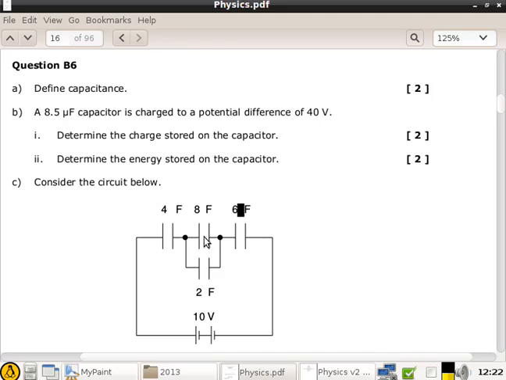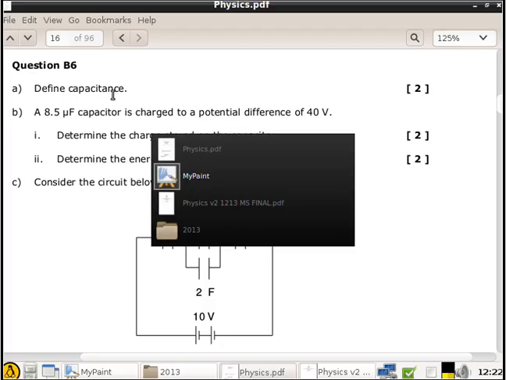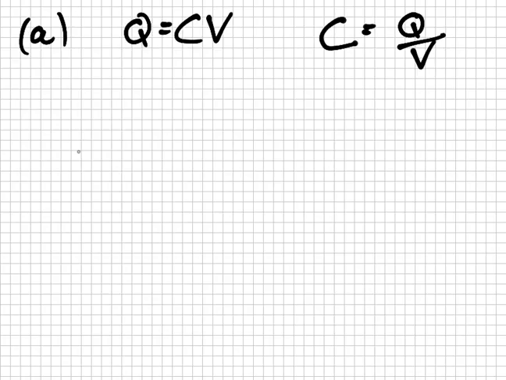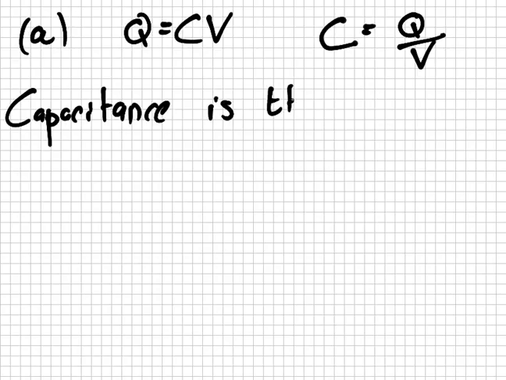Whoops. So capacitance. Okay. Capacitance is the what did I say?